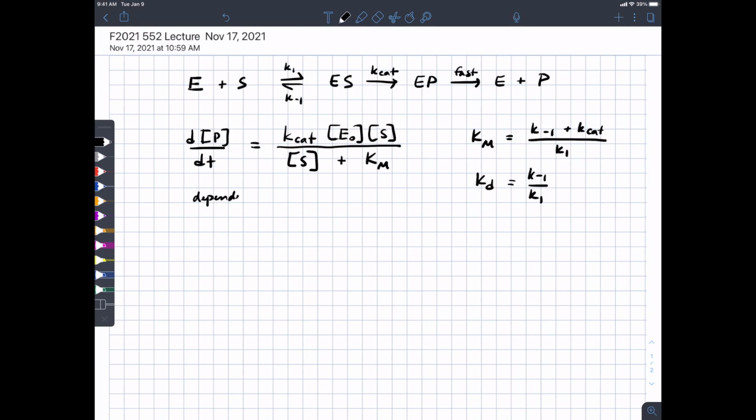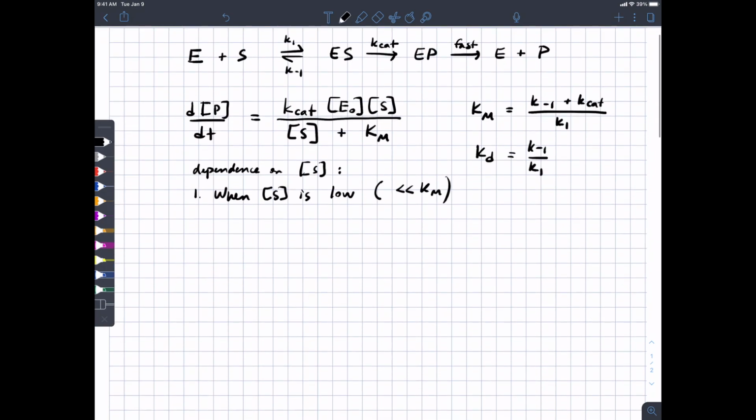What do you predict in terms of the dependence on substrate concentration? By that we mean low, less than Km. What would the rate law simplify to?